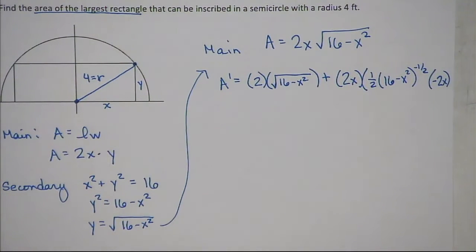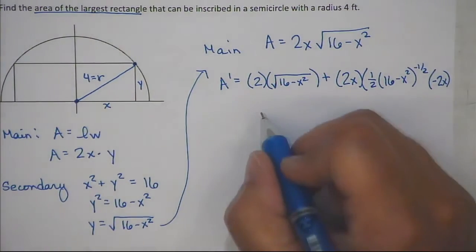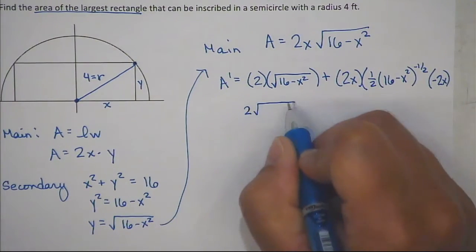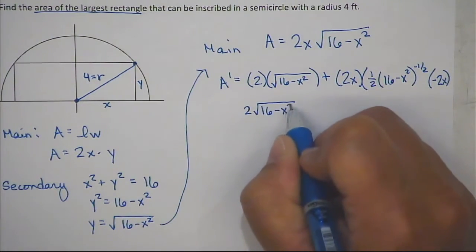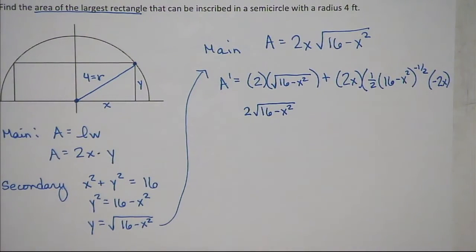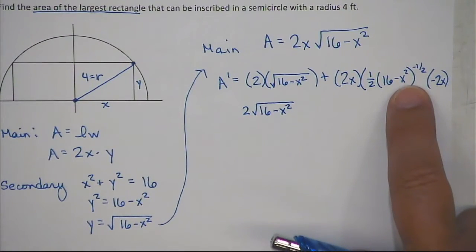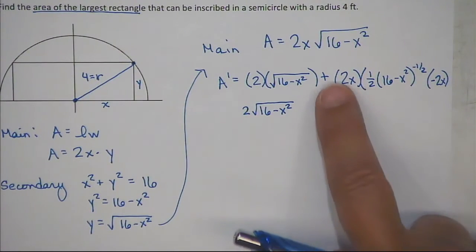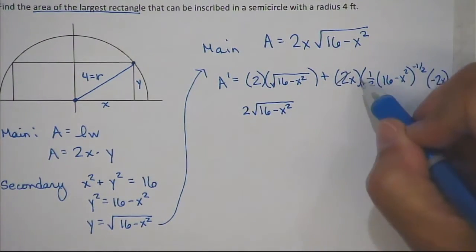All right, so we want to simplify that before we set it equal to 0. So the first piece, 2 times the square root of 16 minus x squared. Let's talk about what's in the top and what's in the bottom. Just looking at this, I know the square root is in the bottom, right? This 2 will cancel with that 2, so get rid of those.